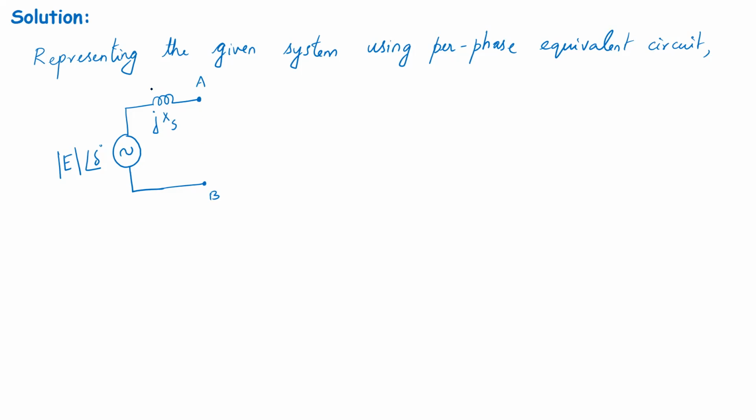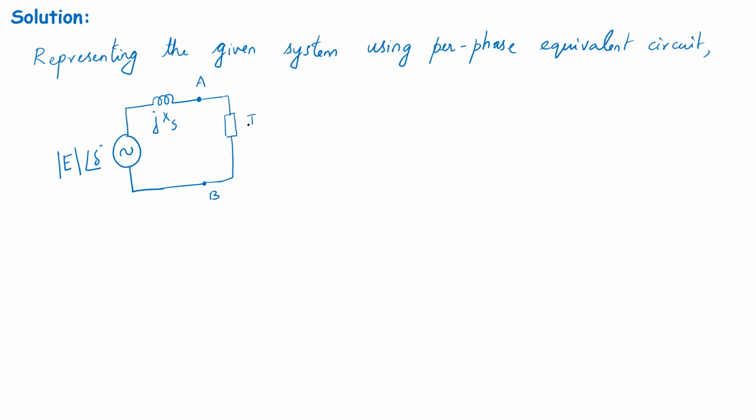All the elements to the left of A and B are the per phase equivalent circuit of the three-phase cylindrical rotor synchronous machine. Now this synchronous machine is connected to an infinite bus, and since the machine is delivering power into the infinite bus, I am representing the infinite bus as a load.